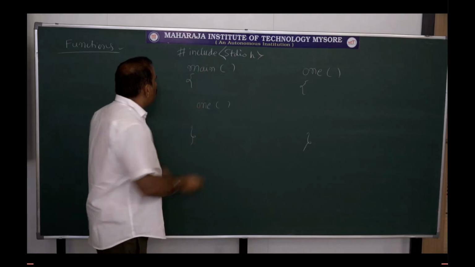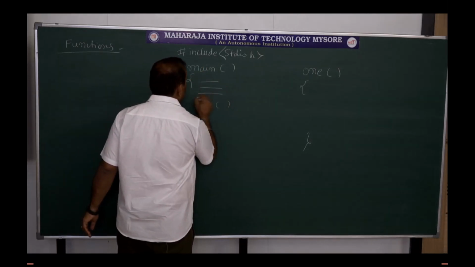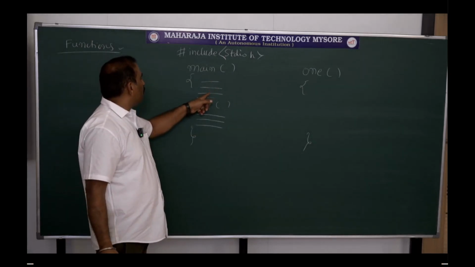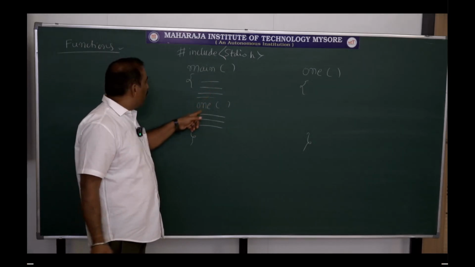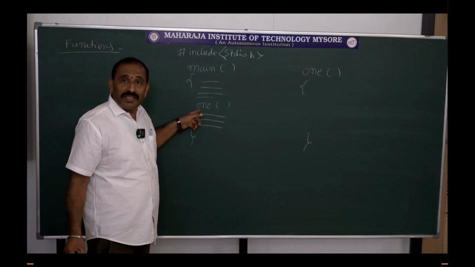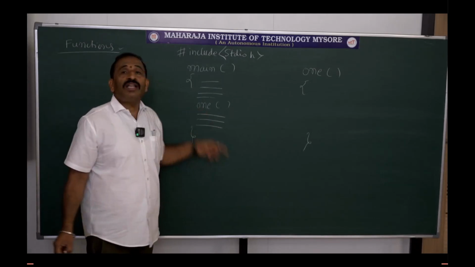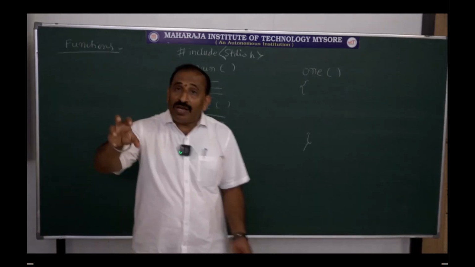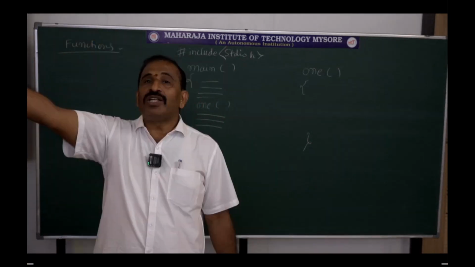Now here you have a series of execution. So there will be some lines of code. Line number 1, line number 2, line number 3, line number 4. When line number 5 is there, this is one statement called calling a function. You call this function. It means you are calling the function and you are going.